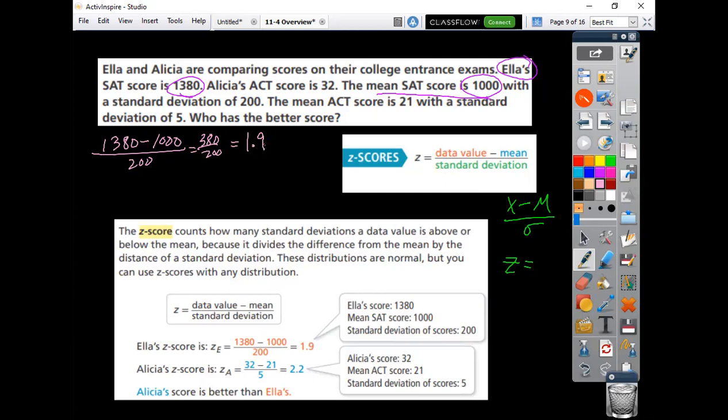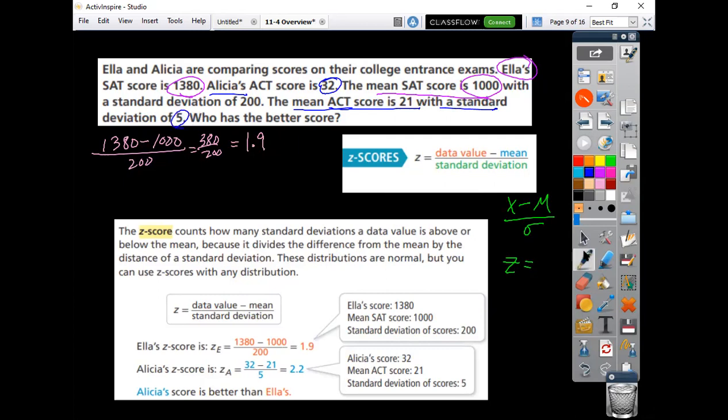Again, that was for Ella. So let's say we're taking a look here now, this time at Alicia, and she had a 32 on the ACT, and the ACT mean is a 21, and the standard deviation is a 5.